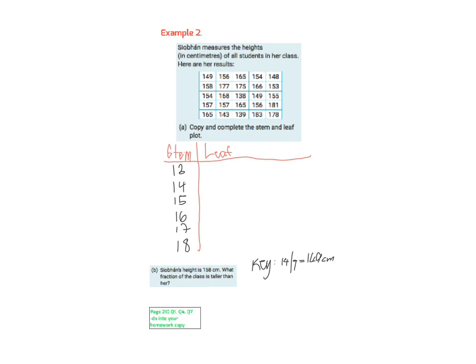Now it's important to note that if there weren't any heights in the 140s, I would still include 1 4 here and leave this blank. We just want to go up in equal increments, from 130, 140, 150. It's just neater and it makes the graph much easier to read.